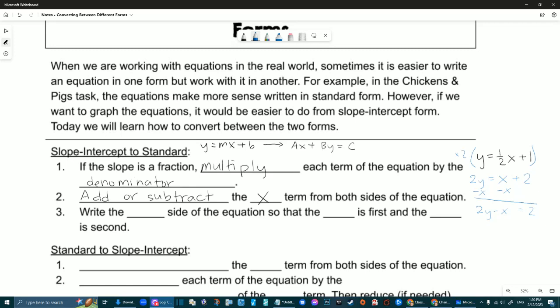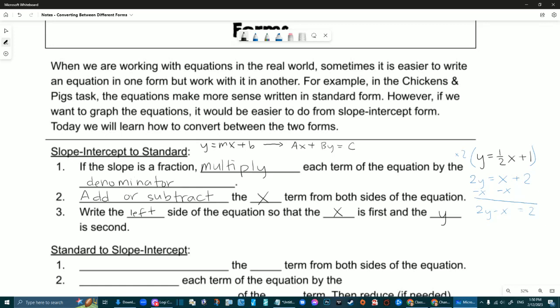You'll notice, looking at that equation we get after step 2, it looks a little bit more like standard form, but in this particular case, our variables are out of order. Standard form, we want them in alphabetical order. So we need to rewrite the left side of that equation, the side where the variables are sitting, so that the x term is first and the y term is second.